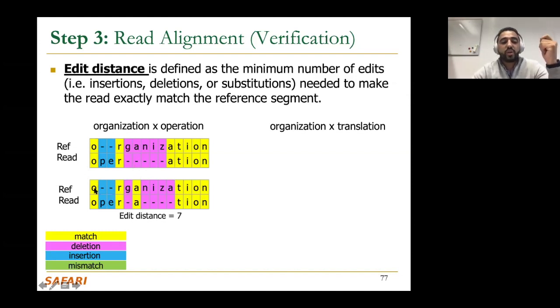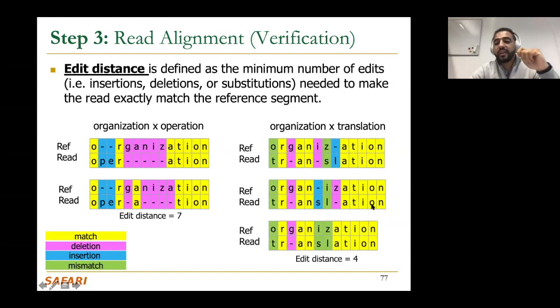You could match the O with the O, then we have two deleted characters from here, then a match, then inserting a G, then matching the A, then inserting all these characters, then we have a match with all these. You could also have an alternative way of doing that, where you replace the match you have from A with another A from here.